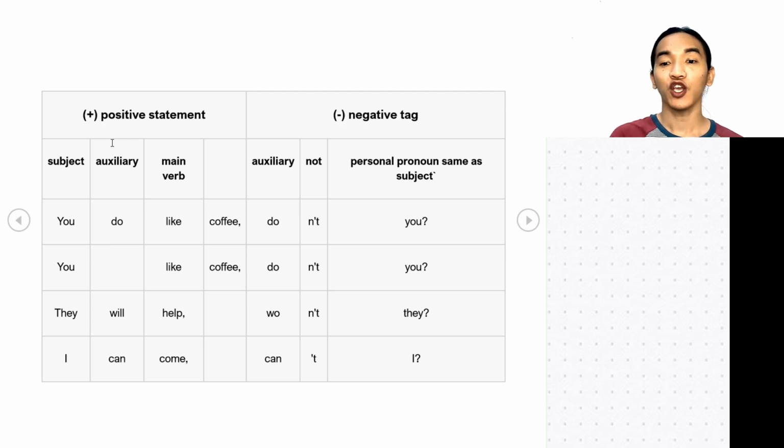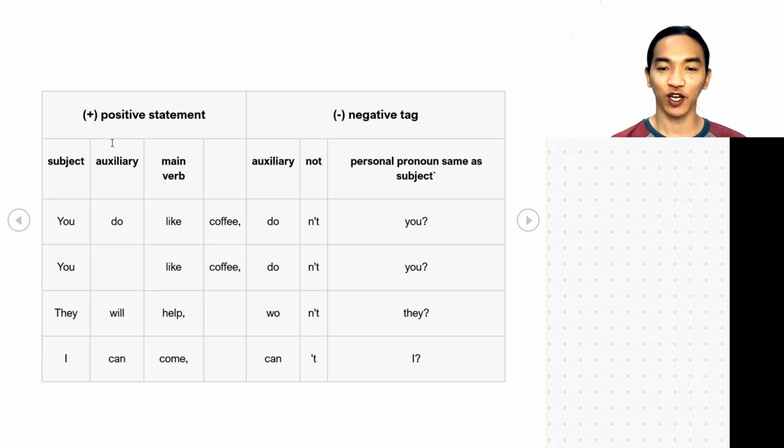Next one. You like coffee. So for this sentence, we don't actually have an auxiliary verb, but we just have a main verb. So remember the rule. If you don't have any auxiliary verbs and it's just a main verb, then use the auxiliary verb do.